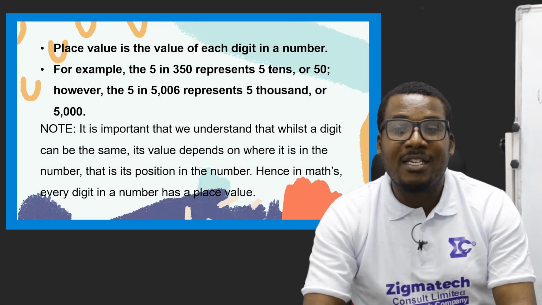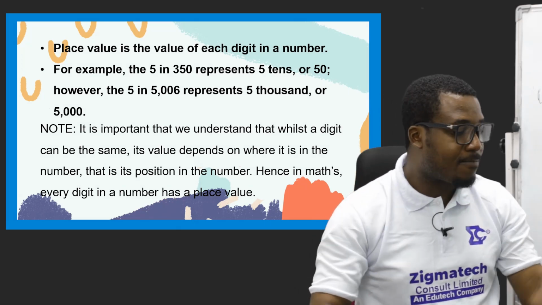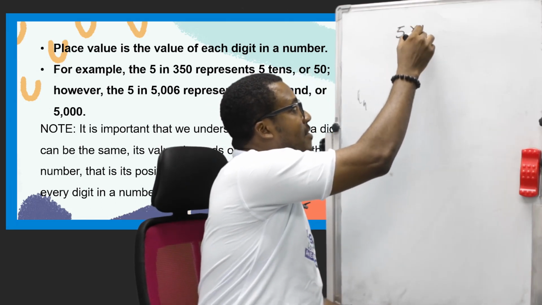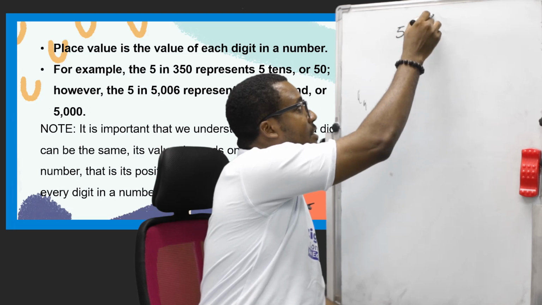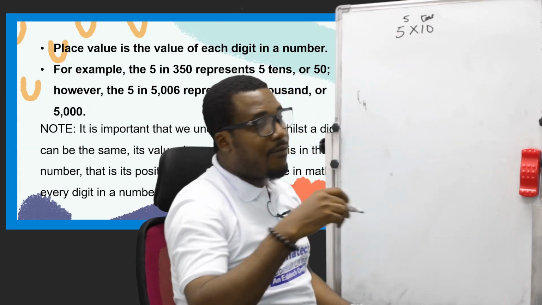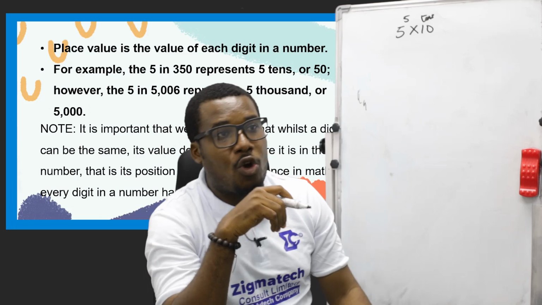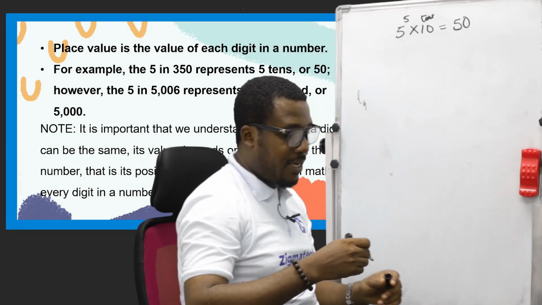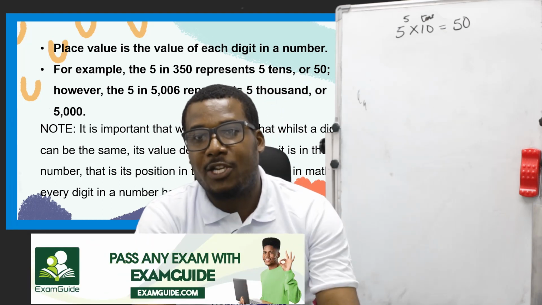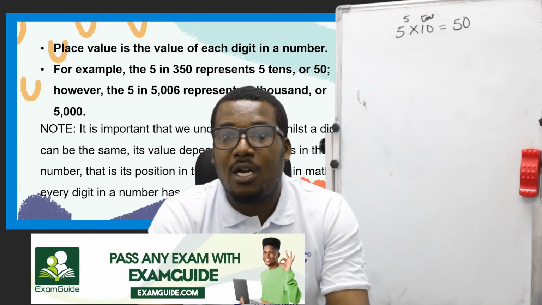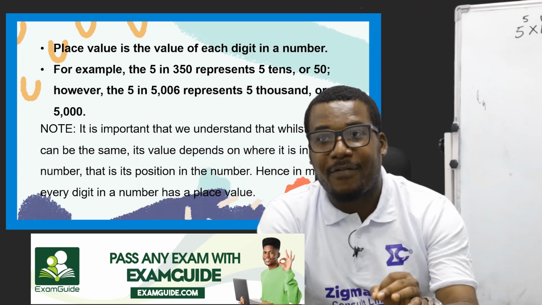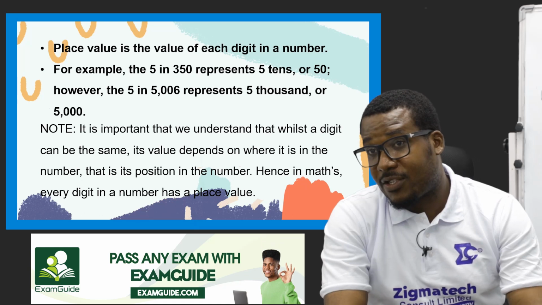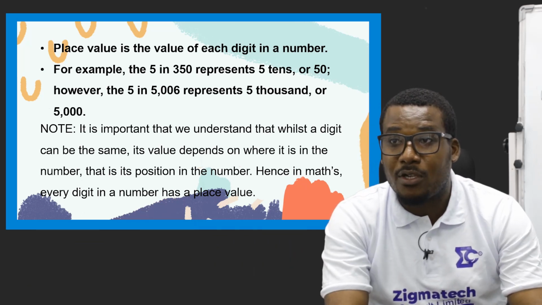Because it is representing the part where you are meeting 5 times 10, hence the word tens. So we are talking about 5 tens, 5 times 10, which means it is on the position of 50 as our place value. However, the 5 in 5006 represents 5,000.